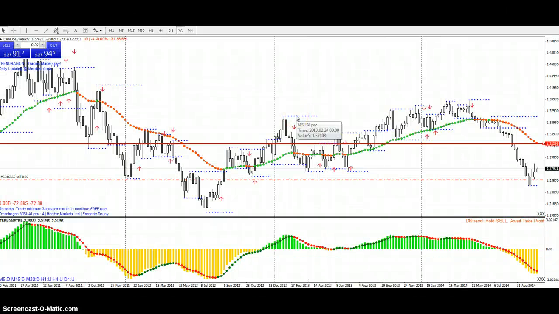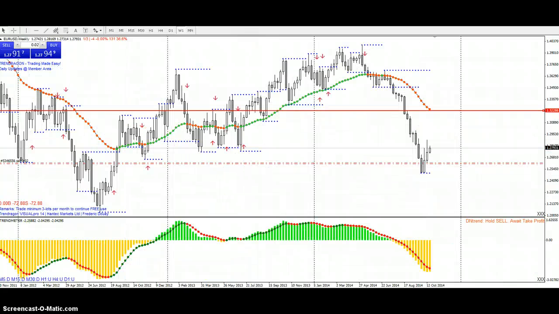Okay, so this is the weekly chart for the euro dollar, and as you can see, we've talked about it already. It has been an almost uninterrupted downtrend of the euro dollar on the weekly chart, except at this level here, and now we have, for the first time in weeks, a pull up, but the pull up looks like a correction.